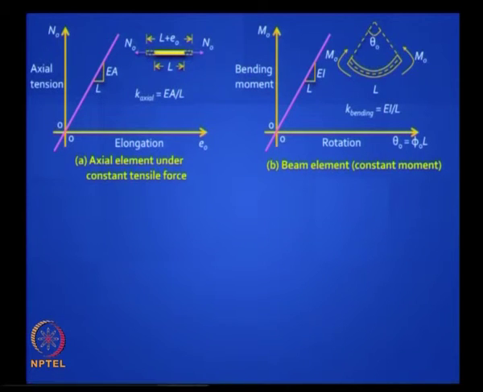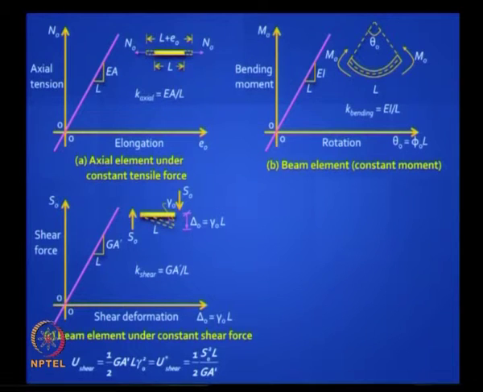In the first picture EA by L is a measure of axial stiffness. If you do not have uniform moment, then it is some EI by L into some multiple, some 2 or 3 or 4 or 5 or whatever.